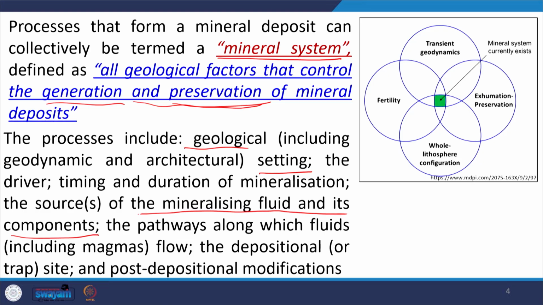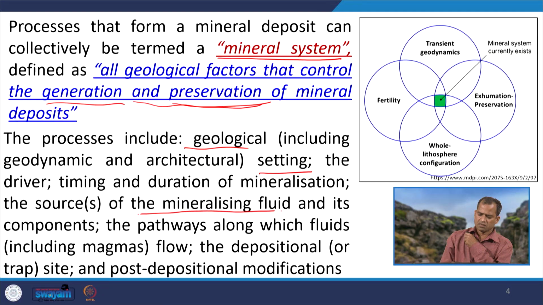If the duration of mineralization is more, we will get more mineral. If it is less, we will get less mineral. So, when did it occur and what was the duration? Whether, timing wise, it is Precambrian, Cretaceous, or a recent time, all that matters.